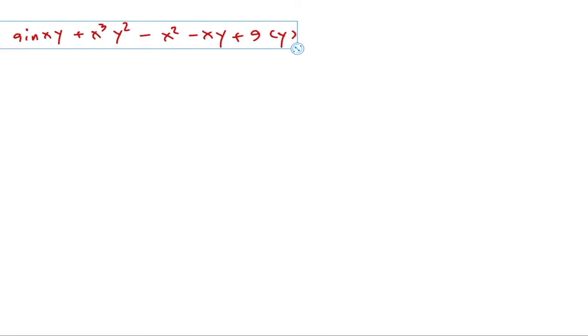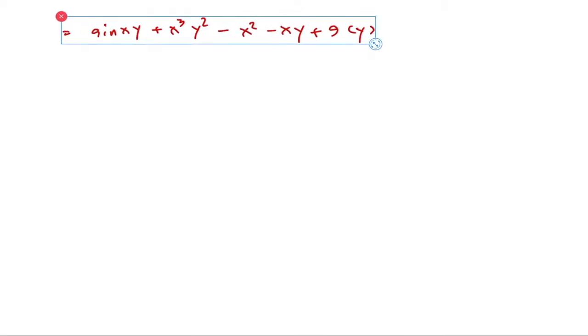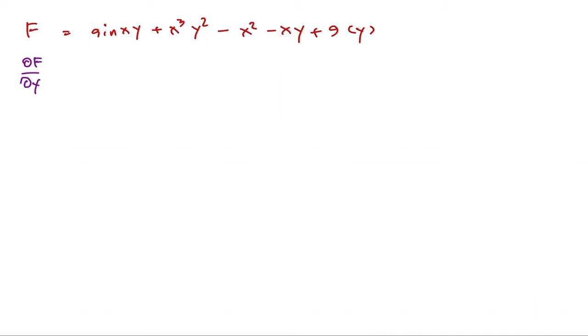And this is f, right? So I take the derivative of f by y. So what I have is cos xy, and from the chain rule I have x here, plus 2x cubed y minus 0 minus x plus g prime of y.